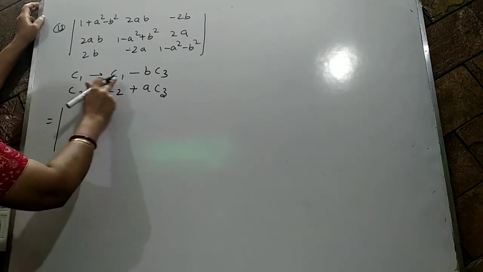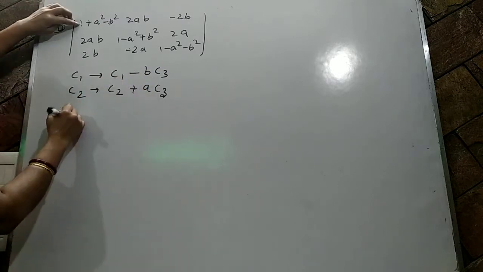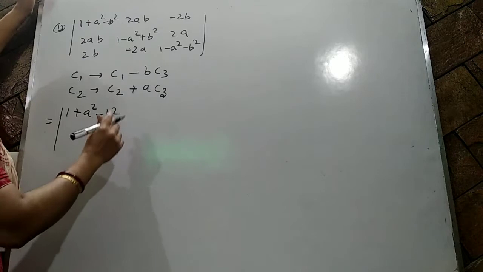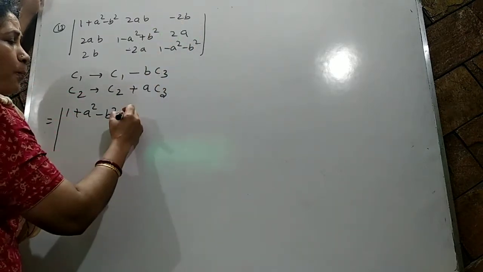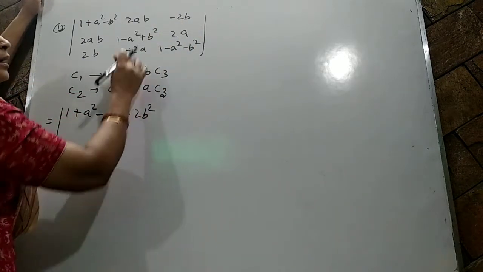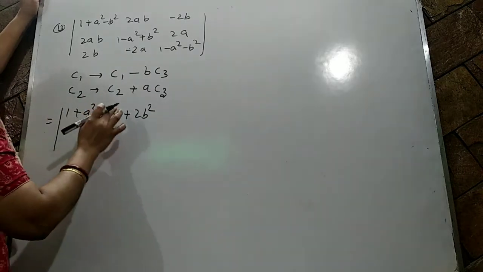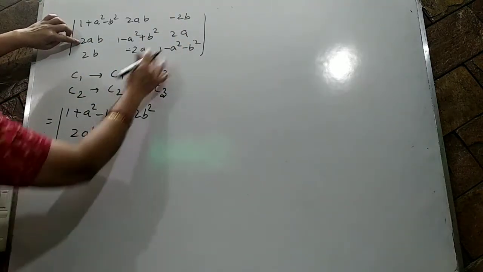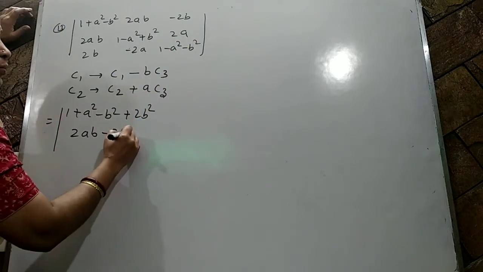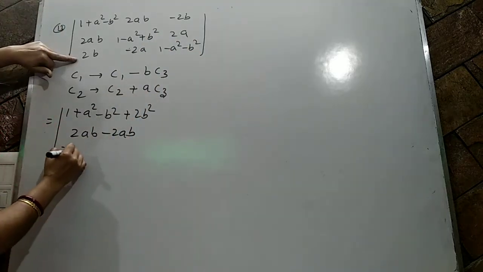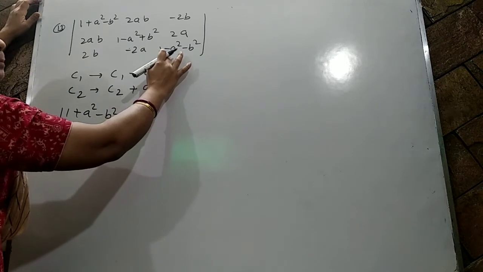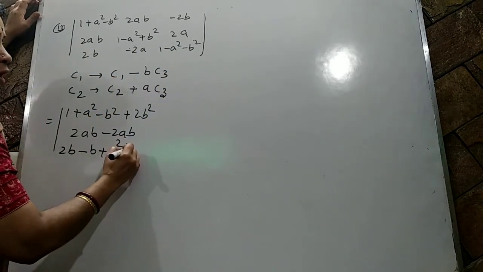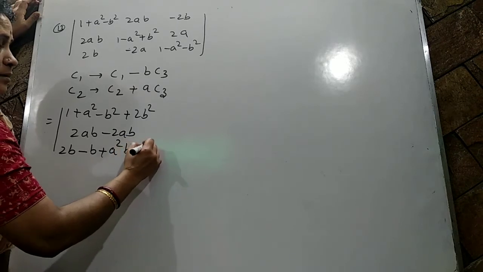Now if I do C1 minus b into C3: 1 plus a square minus b square, very carefully listen, minus b times minus 2b, so plus 2b square. Next, 2ab minus 2ab. 2ab multiplied by b minus 2ab; already we have 2b, multiply by b, then minus b cube. Beta, mute your voice please.